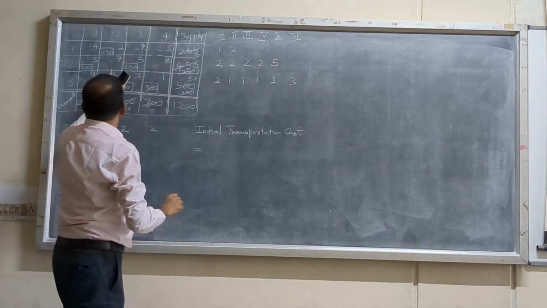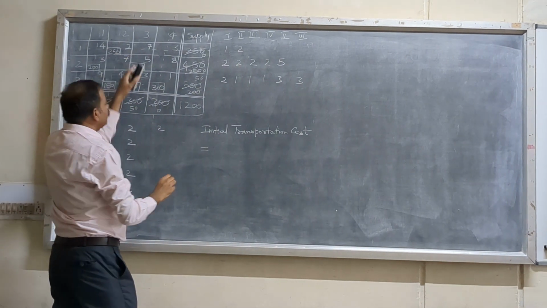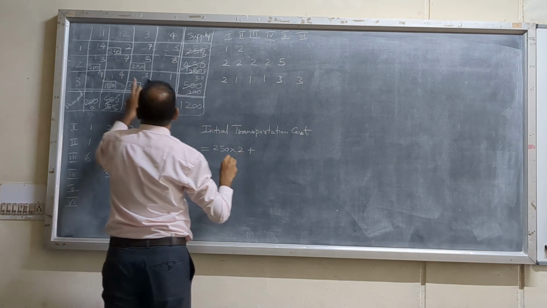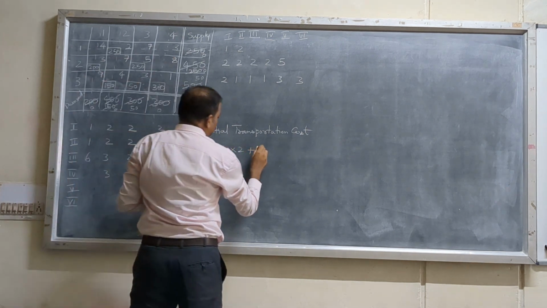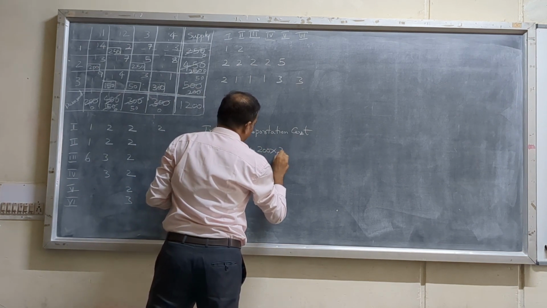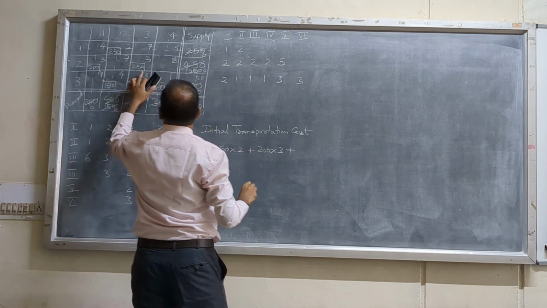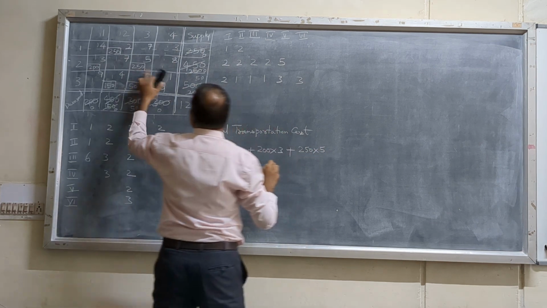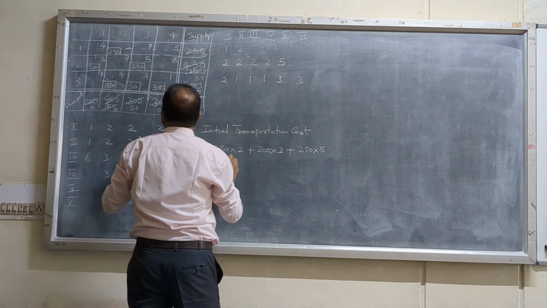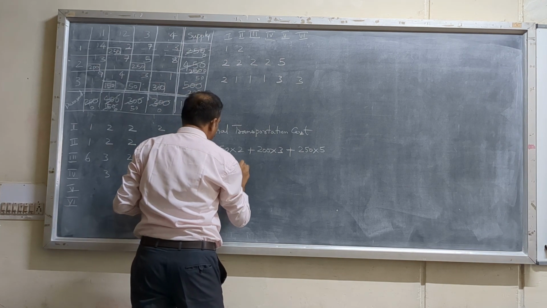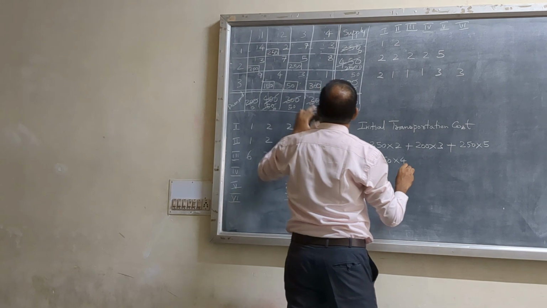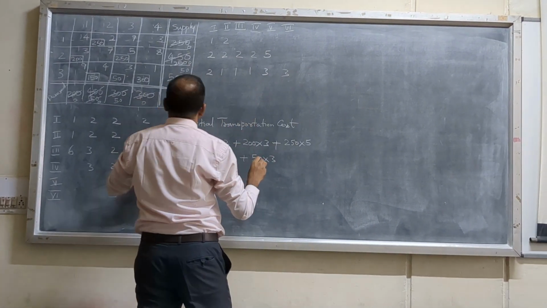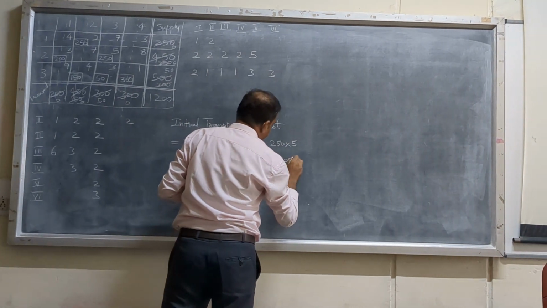It is equal to, we'll start from here, 250 into 2 plus 200 into 3 plus 250 into 5 plus 150 into 4 plus 50 into 3 plus 300 into 1.